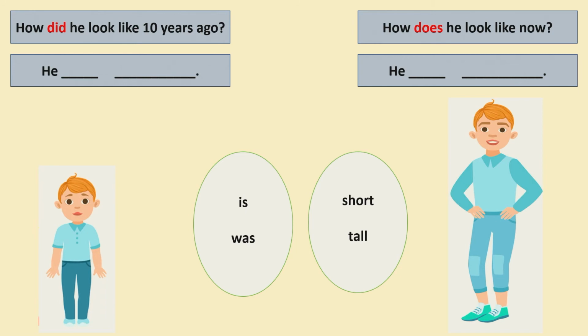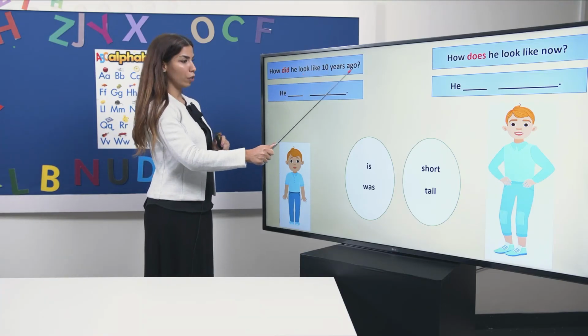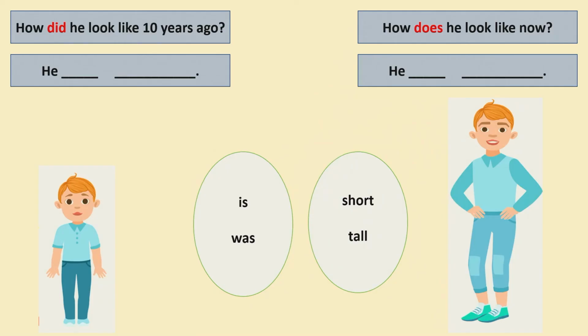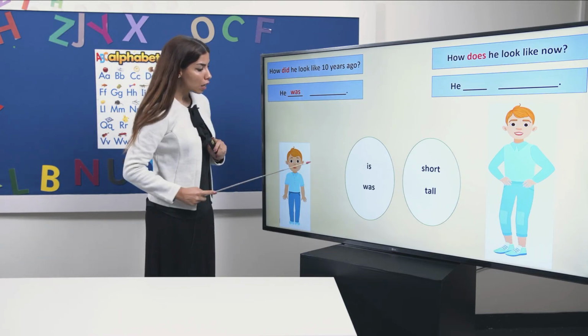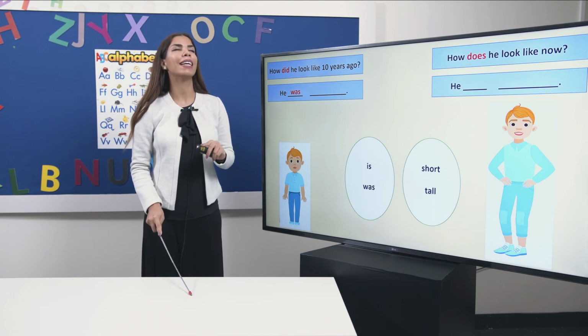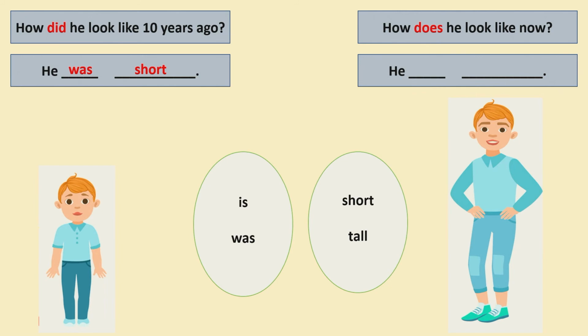Let's do this now. How did he look like 10 years ago? He is or was? Go ahead, think very well and tell me what your answer is. In the past, do we use is or was? Yes, he was. Short or tall? What do you think? Yes, he was short.